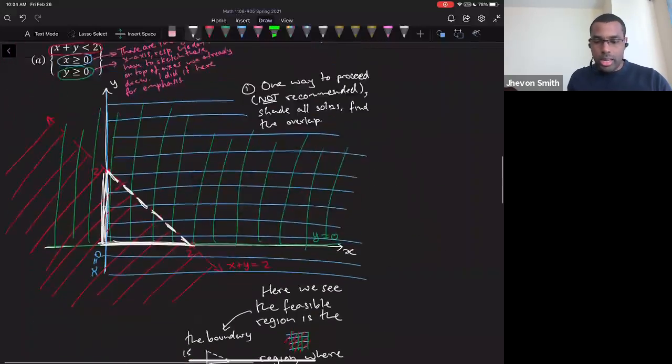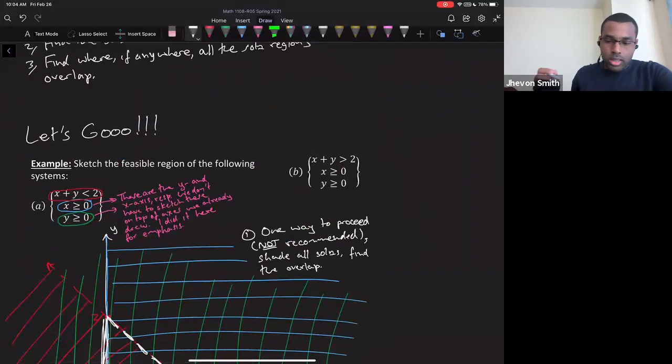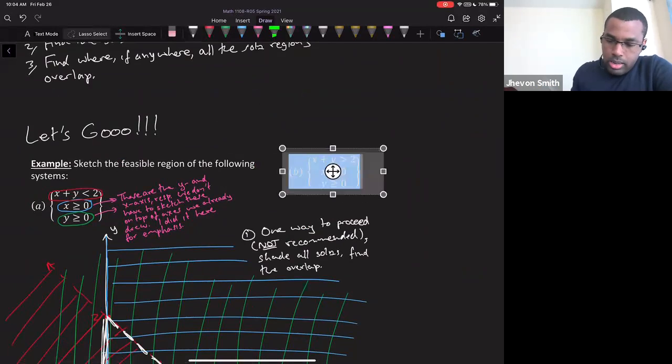Now here's the other example. So that was example A. Let's do example B. This one should be a little quicker because we already kind of know. And it's actually, let's not copy, let's cut.